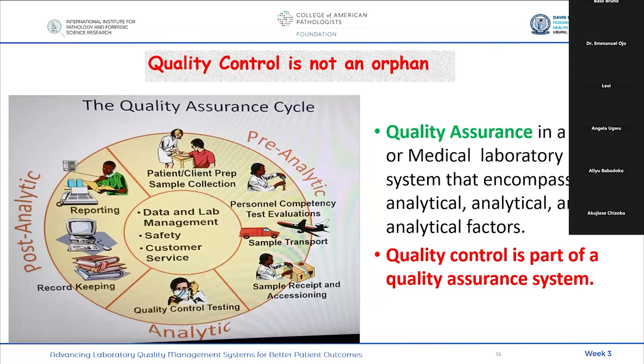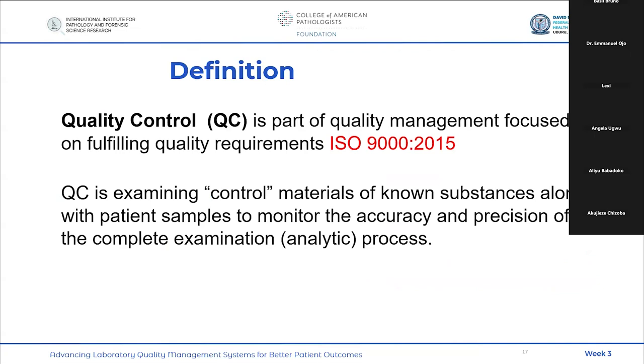So when we're looking at the quality of the system, it is not focused on just the testing part, but rather we look at the source of the sample, and the activities that happen before the sample gets to the testing bench. So QC is part of the quality assurance system.